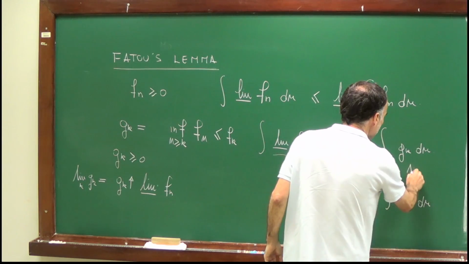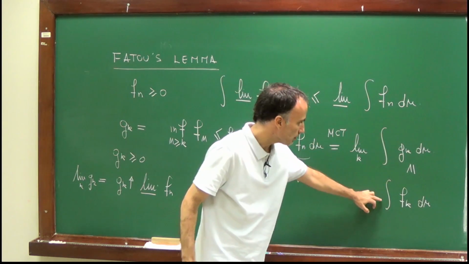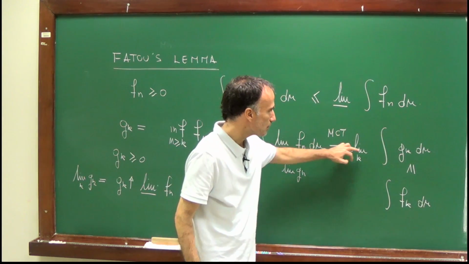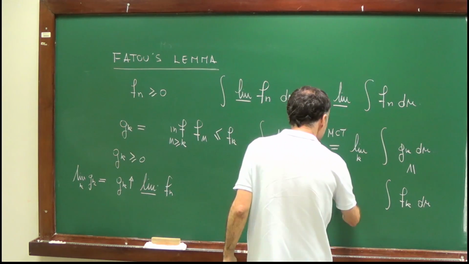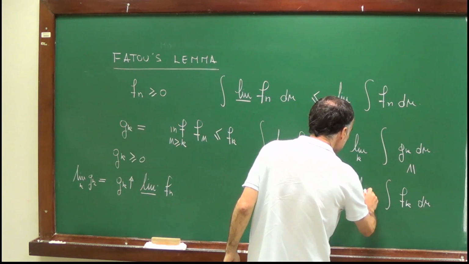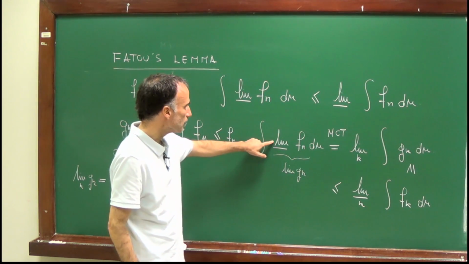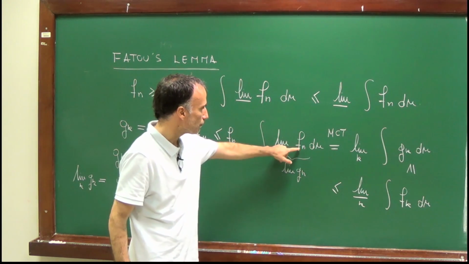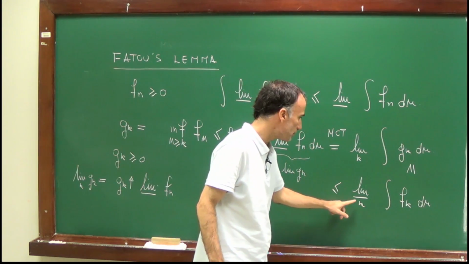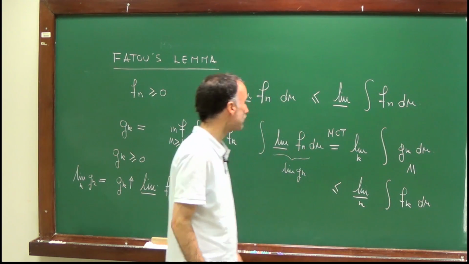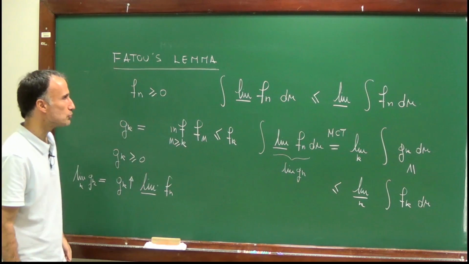So the limit of this integral is less than or equal to the limit inf of the integral of fk, and therefore we just proved that the integral of the limit inf of fn is less than or equal to the limit inf in k of the integral of fk, which is Fatou's lemma.